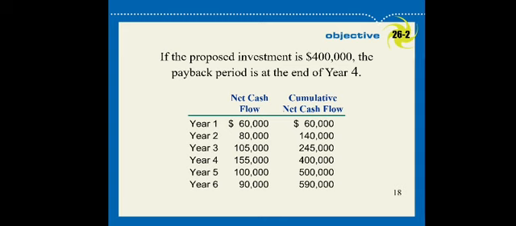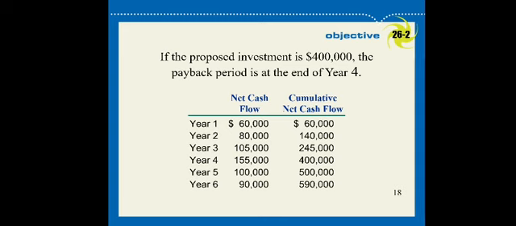If the net cash flow is not equal every year, then you cannot use the formula in the previous slide. You have to use this table. Okay, let's see here. If the proposed investment is 400,000, the payback period is at the end of year 4. Why at the end of year 4?